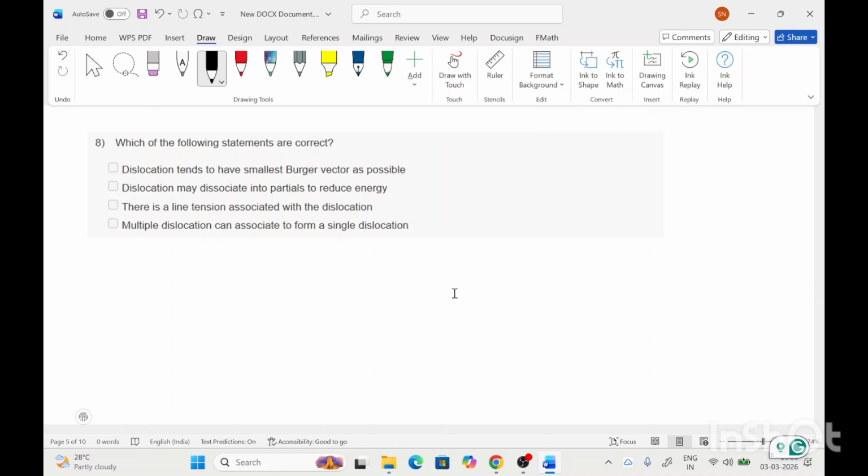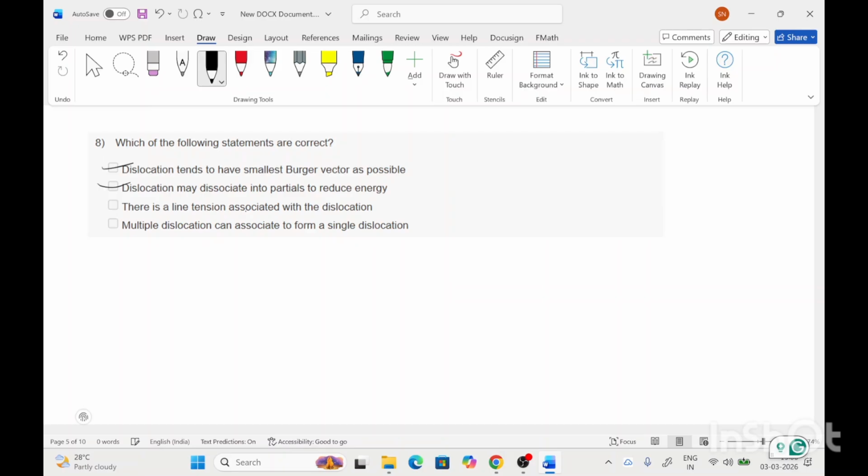So this means all options are saying a correct thing. Dislocation tends to have the smallest Burgers vector. If it has a smaller Burgers vector, the energy will be less. So the first option is correct, second option is correct.